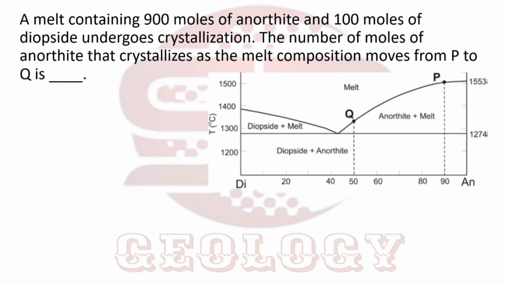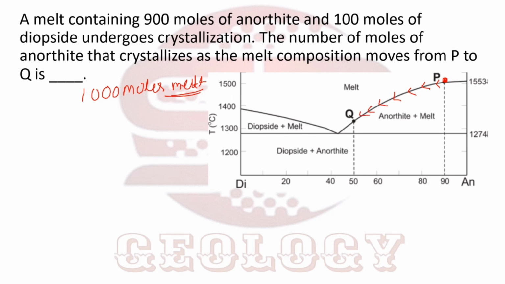Then a melt containing 900 moles of anorthite and 100 moles of diopside. That means we have 1000 moles of melt that undergoes crystallization. So at this point, crystallization will begin. It has 90% anorthite and 10% diopside. From this point the anorthite will start to crystallize.